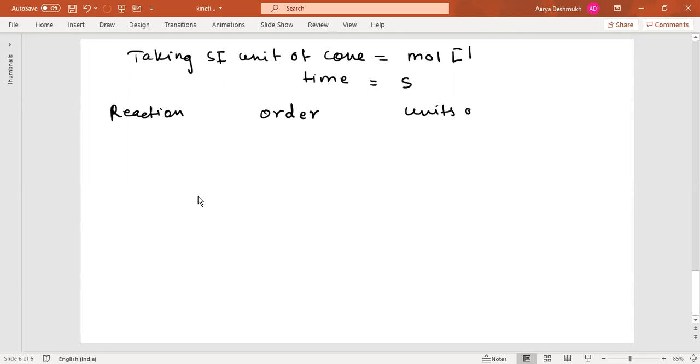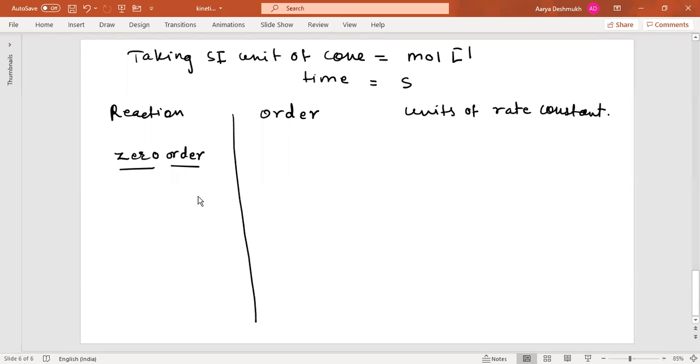Units of rate constant. Now, if your reaction is zero order, as I told, we'll discuss this order of the reaction in detail further. Just assume that if the reaction is zero order, it means the order is 0. So what will be the rate of the reaction here?